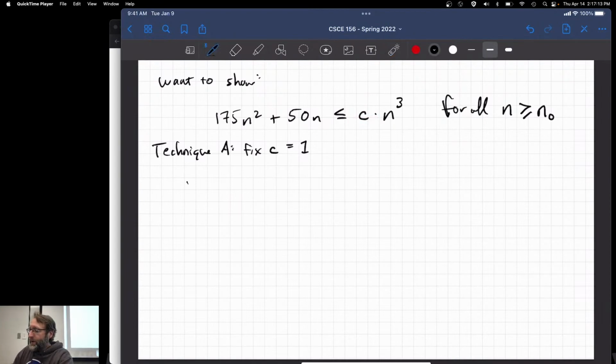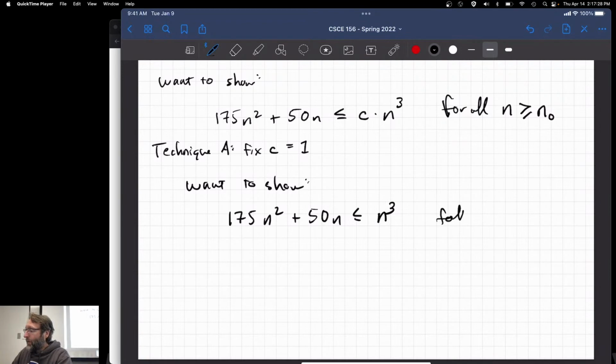So in other words, we want to show that 175 n squared plus 50n is less than or equal to, again, c is going to be 1, so it goes away, for all n greater than or equal to n naught. This is what I need to find now. Right? I need to find a value n naught such that that inequality holds.